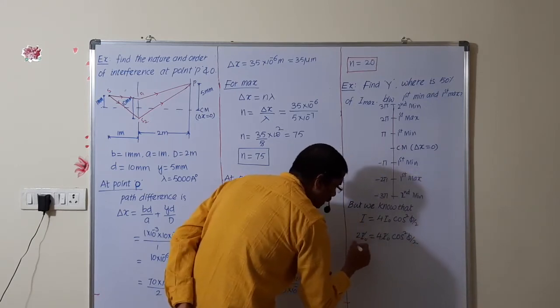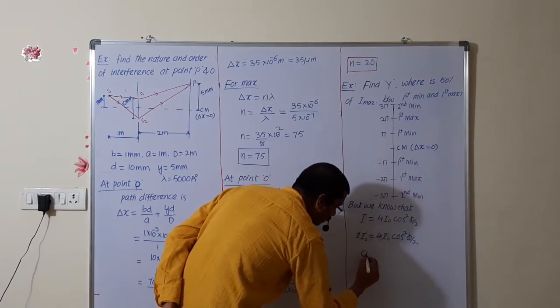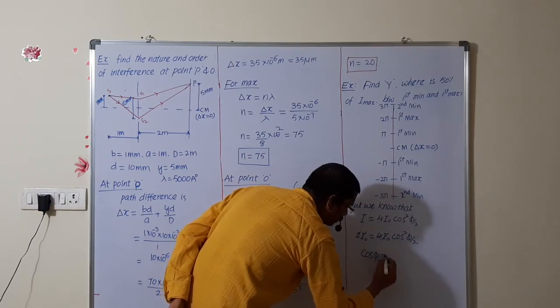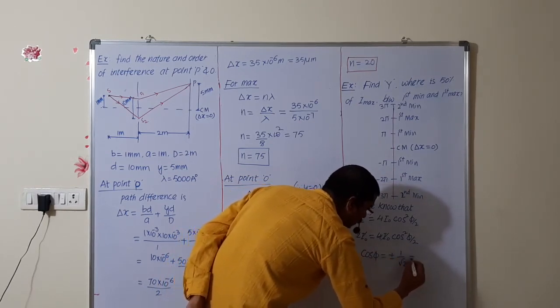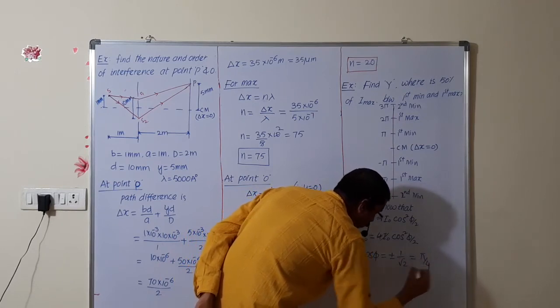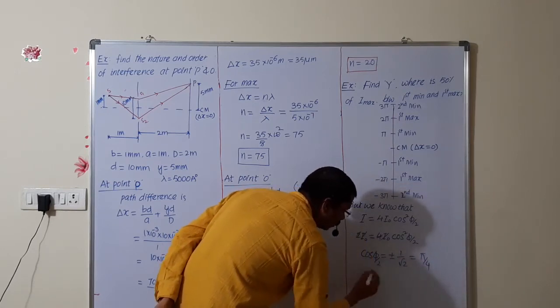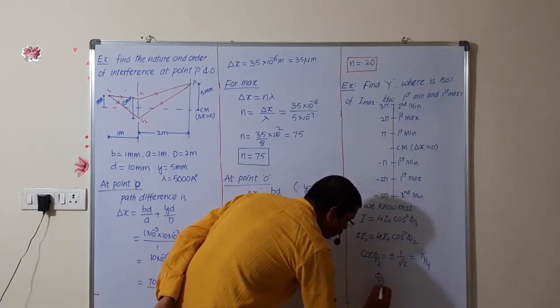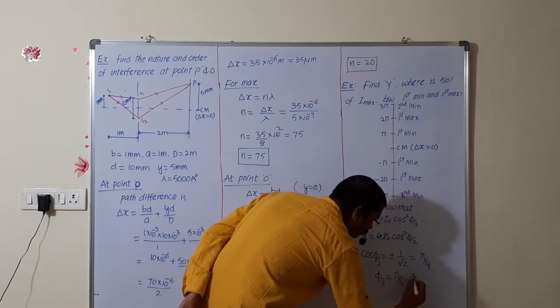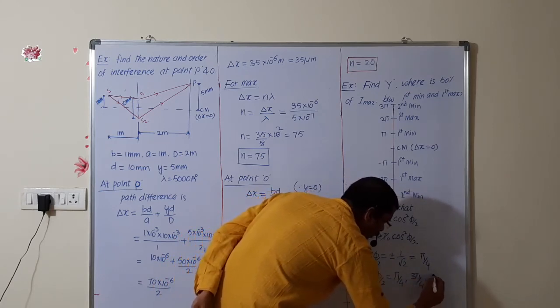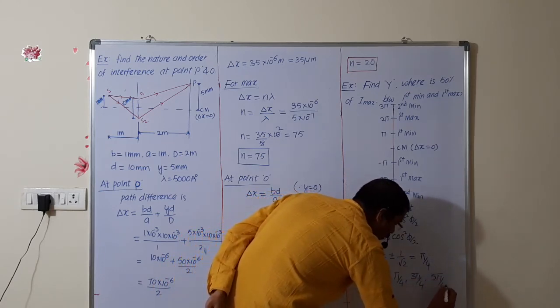Here I naught cancels, 2 cancels. Cos phi by 2 is equal to plus or minus 1 by root 2. This is nothing but phi by 2 equals pi by 4, so cos of phi by 2 equals, pi by 4, 3 pi by 4, 5 pi by 4 and so on.